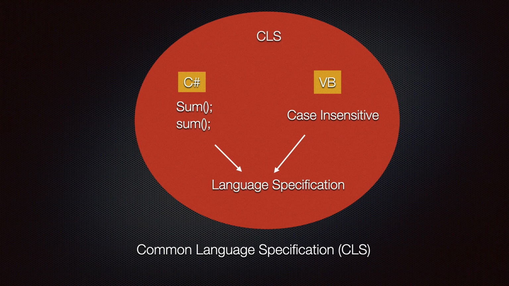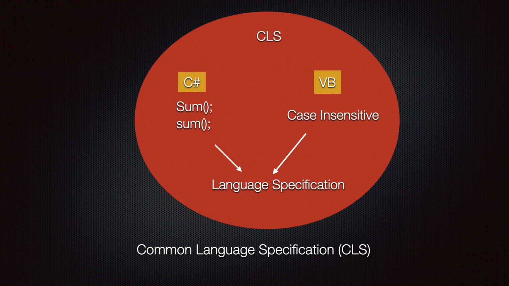For example, in C#, if you write two methods, Sum starting with a capital S and sum starting with a small s, they are different. But if you write the same in VB, it is the same, because it is case insensitive, and here is a major difference.